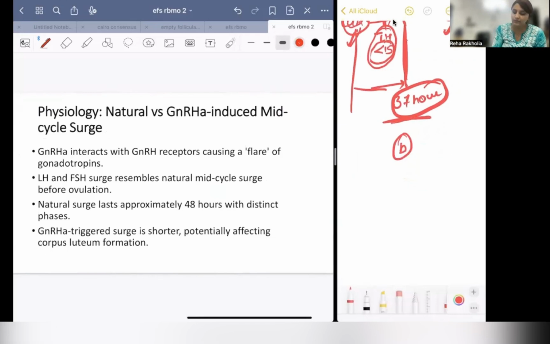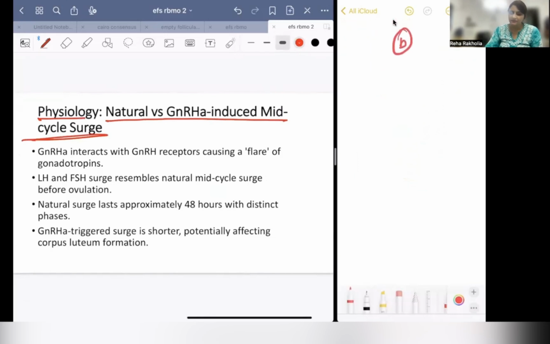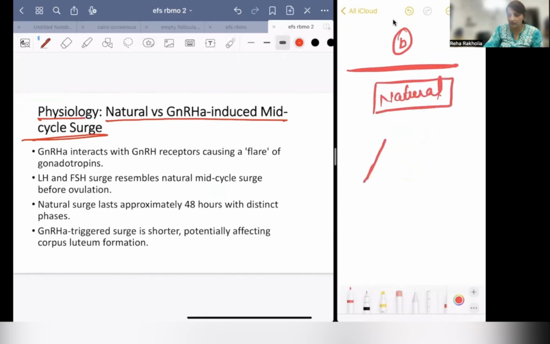Now, physiology: natural versus GnRH-induced mid-cycle surge. See, in the natural surge, what happens? LH rises for 14 hours, then there is a plateau for 14 hours, then declines for 20 hours.